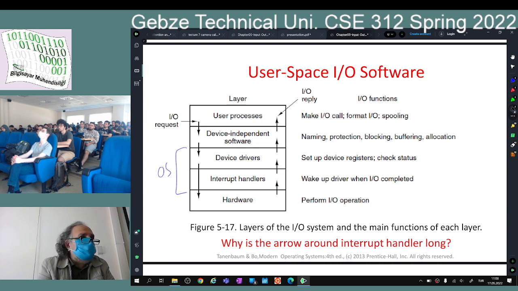Because when the hardware's I/O operation is done, it has to inform the device driver that it is over. So it writes to the interrupt handler first. So why are we skipping the interrupt handlers in the other direction?